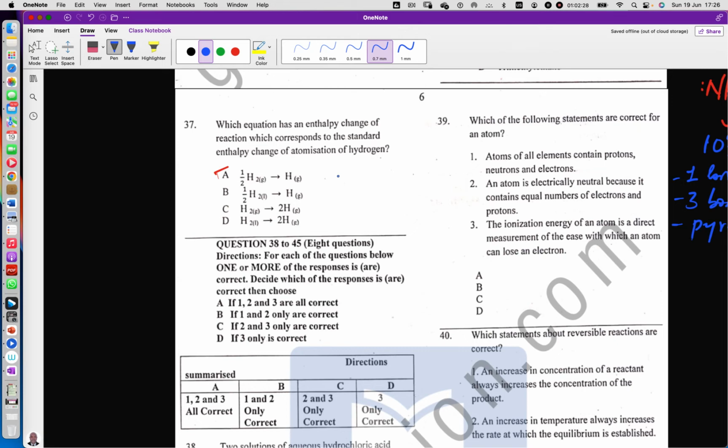That is also right. 3, the ionization energy of an atom is a direct measure of the ease with which an atom can lose an electron.